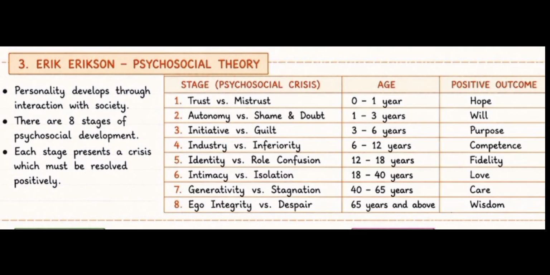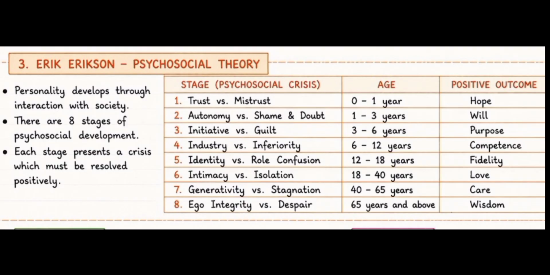And Erikson gives the psychosocial theory. Personality develops through interaction with society. There are 8 stages of psychosocial development. Each stage presents a crisis which must be resolved positively. Erikson proposed the theory on the basis of the social environment.